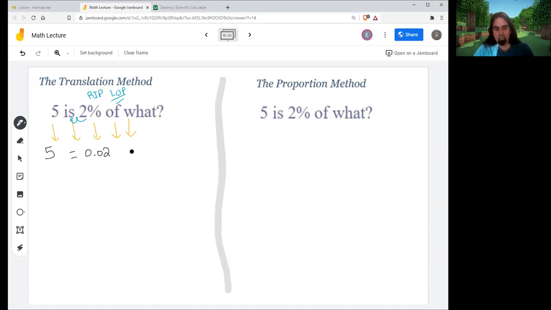And then multiply by y. Of is times, what is y? So I have something is something times y. Then you're going to divide by 0.02. The thing stuck onto y is 0.02, so I'll do it to both sides.